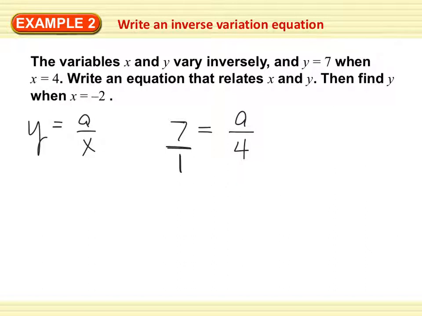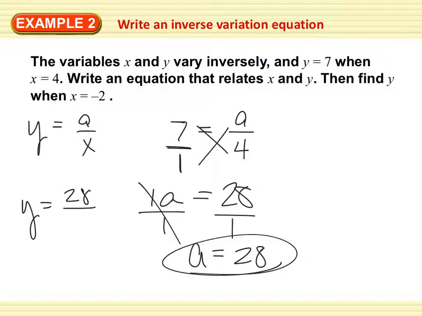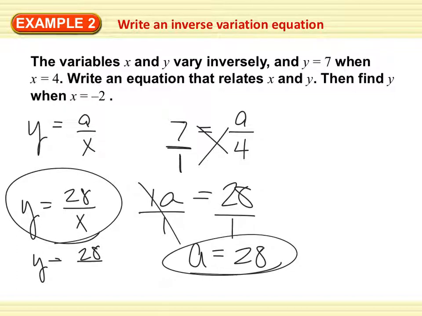I'm going to put 7 over 1 and cross multiply. 28 equals 1a. I never have to divide by 1, but a equals 28. There's my solve for a. Your inverse variation equation is y equals 28 over x. And then when x equals negative 2, y equals negative 14. Okay, so we answered both parts of the problem.